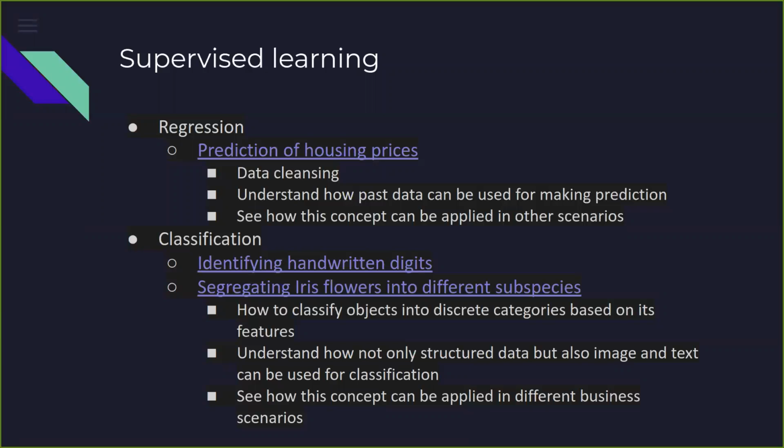Given the different attributes of the flower, for example, how long is the petal and what is the width of the petal, because these species of the iris flower are distinguished based on the length and width of their petals and sepals. If I have that data, can I train my system to say that this is a Setosa type of iris flower and this is the versicolor type of iris flower? These two examples we would take for classification.